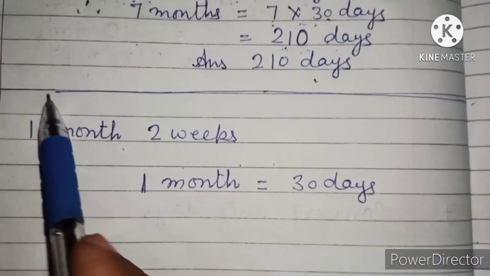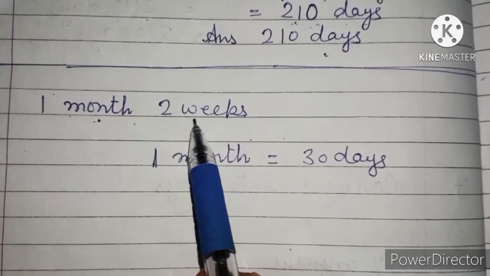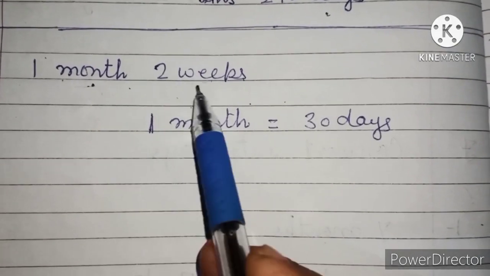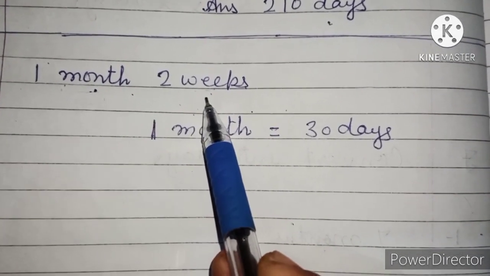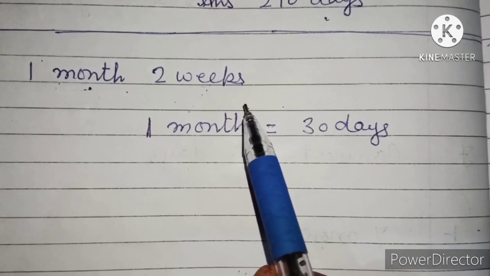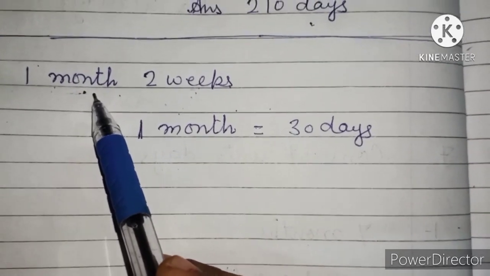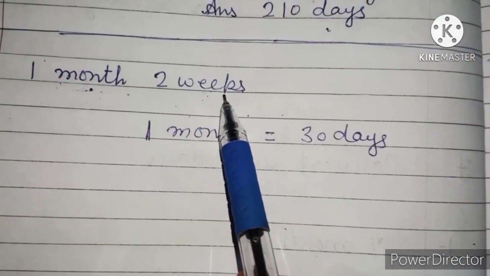Children, pay attention to the question here. It is written 1 month 2 weeks. That is, we have to change the month into days and the week also into days.